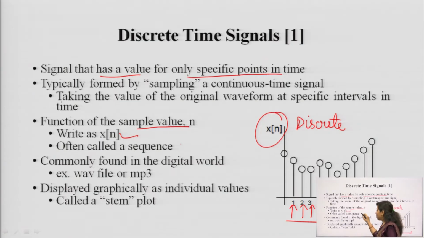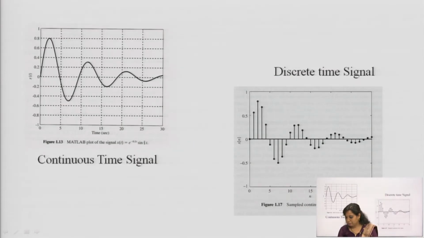It is often called a sequence, because continuous is known as continuous signal and discrete is known as a sequence. Then commonly found in the digital world, which is denoted by a wave file or MP3 signal. It is displayed graphically as individual values called a stem plot. So, that is a discrete time signal.